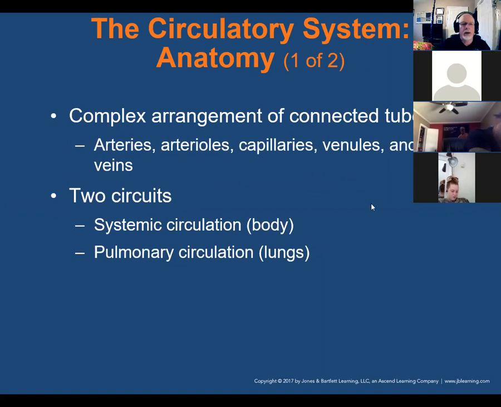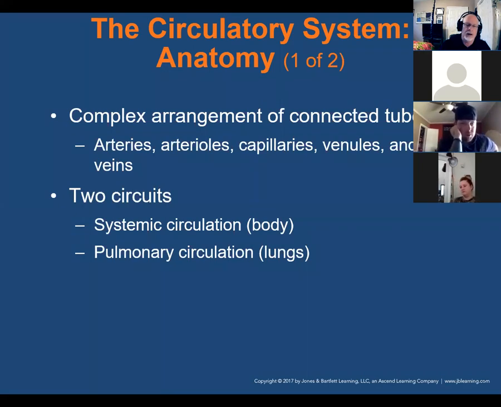Okay, circulatory anatomy. You have two circuits. Your book says two circuits. I'm going to add a third, but you have systemic circulation, which is blood being circulated out to your entire body. Pulmonary circulation, that's when blood comes back to the right side of the heart, and the right ventricle, the big chamber on the right side of the heart, pumps that deoxygenated blood out to the lungs so that we can have respiration, like we just talked about, to oxygenate that blood.